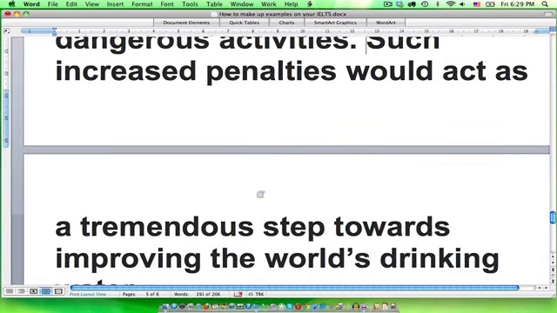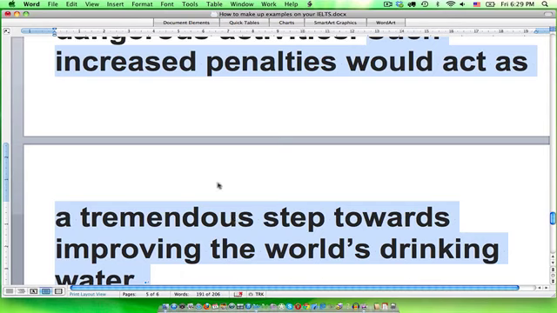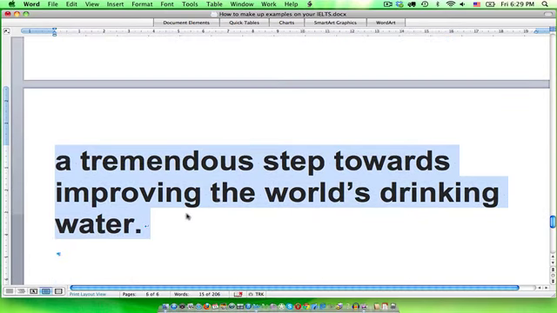Such increased penalties, or perhaps even we would say such empowering of people, that would be a good way to word it as well. But anyway, such increased penalties would act as a tremendous step towards improving the world's drinking water. So we're linking this back to the main theme of the essay. And we're stating very clearly to the examiner that this is a viable suggestion to the problem, right? And don't forget that that is the main thing in the essay question, is providing suggestion to the problem.